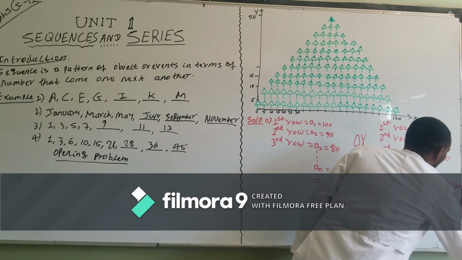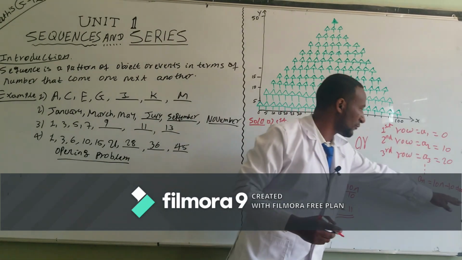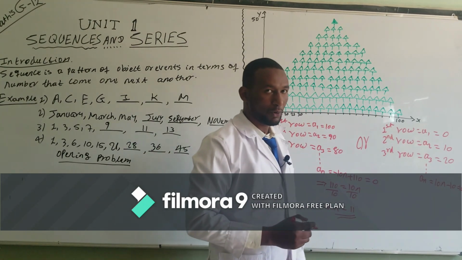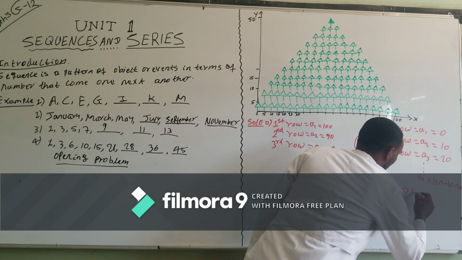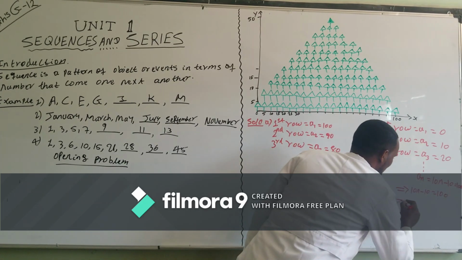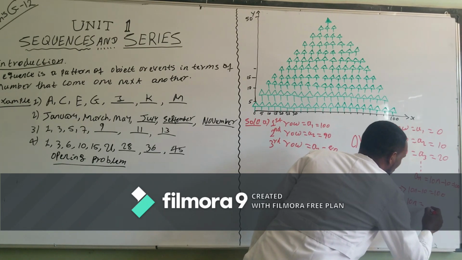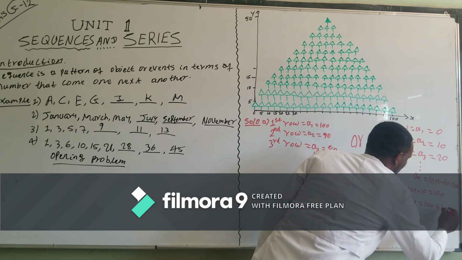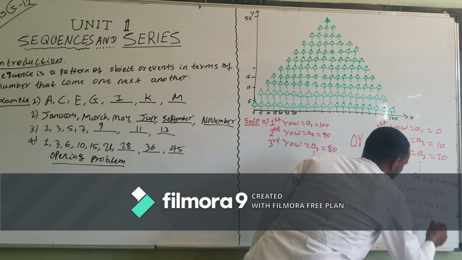100 then we can find from this general formula we can find value of n implies that 10n minus 10 is equal to 100 implies that 10n is equal to 100 plus 10, 10n is equal to 110.